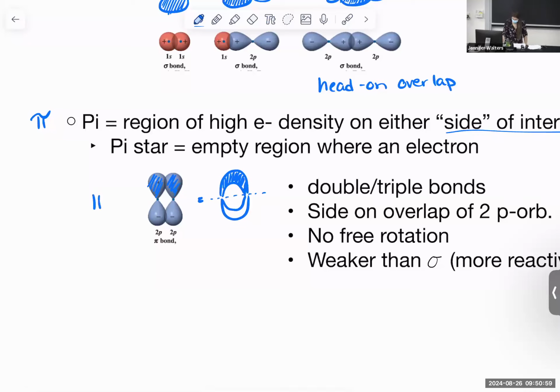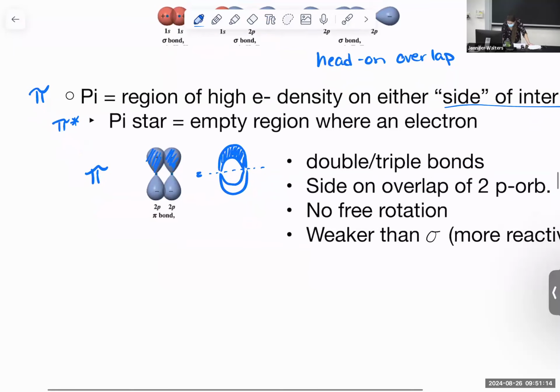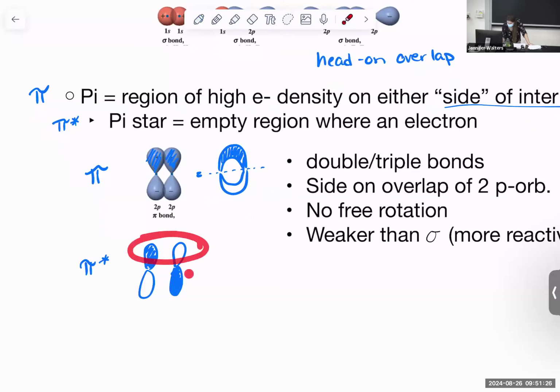That is our pi. The pi star also must exist, because if you have pi, you got to have a pi star. I put two p orbitals in, I got to get two molecular orbitals out. So the pi star is going to be where you have that mismatched phasing, that incompatible phasing. So now the shading doesn't match. These are not compatible.